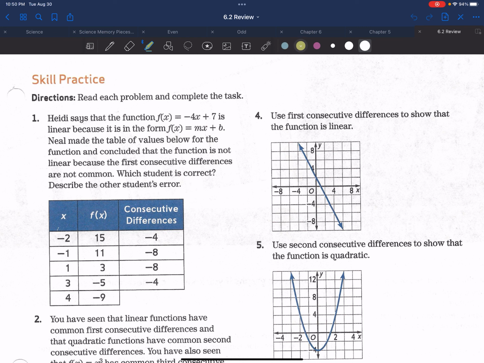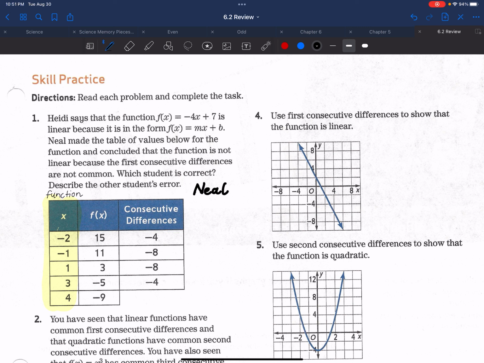So the first thing I want to do is check my x column to see if we even have a function. And we do, because the x's are all unique. So we have a function. But we also have a problem. The x values are not consecutive. So I can already tell you that Neil has made a mistake.